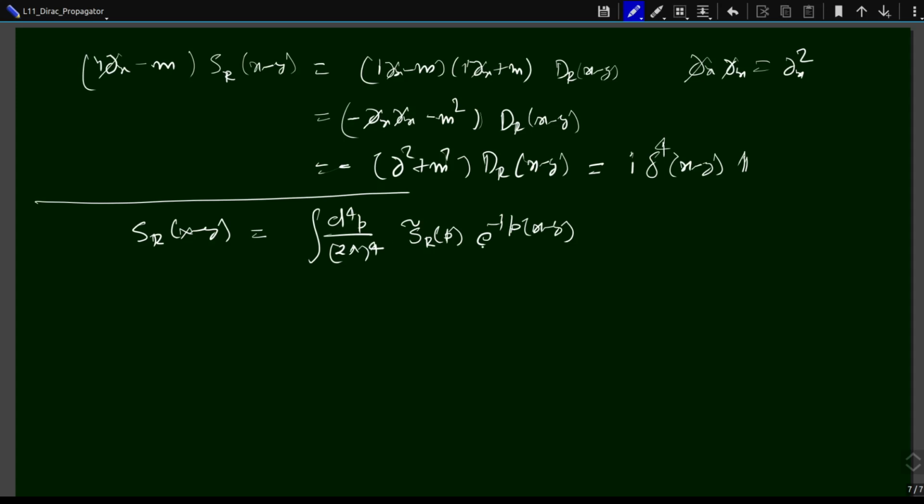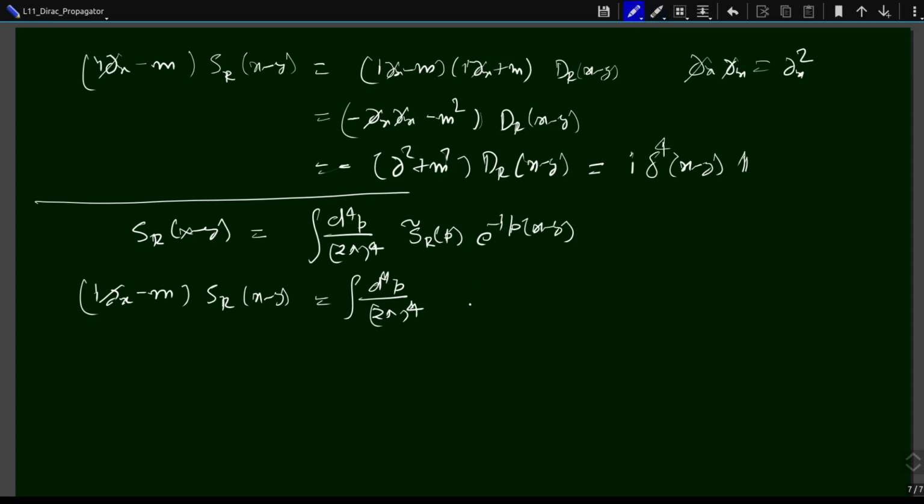So if this is the Fourier decomposition of S_R(x − y), then (i ∂̸_x − m) acting on S_R(x − y) is just ∫ d⁴p/(2π)⁴ with S̃_R(p) sitting like an acting matrix.